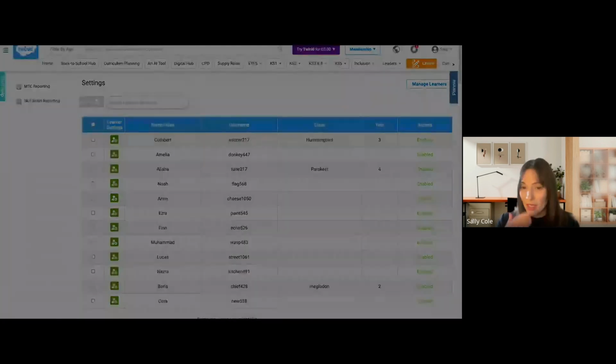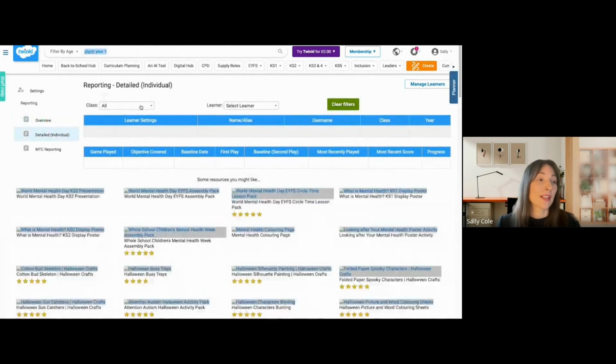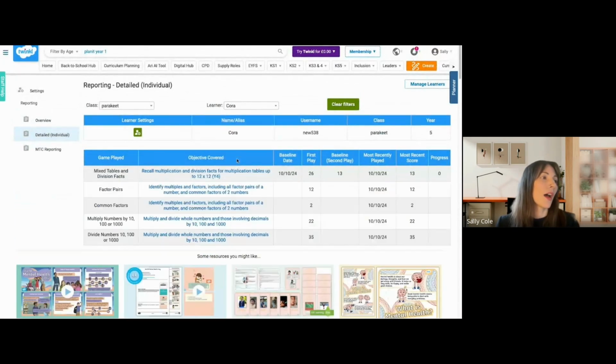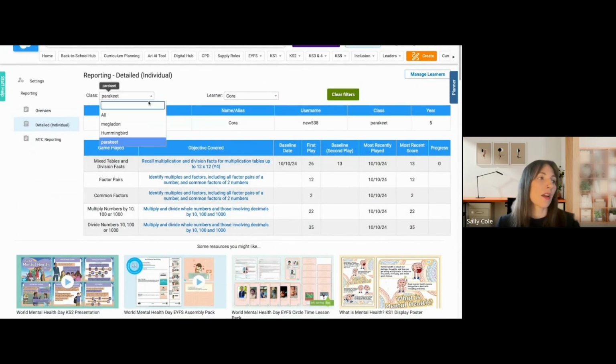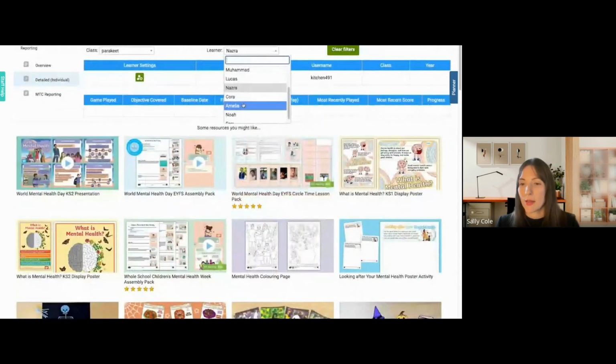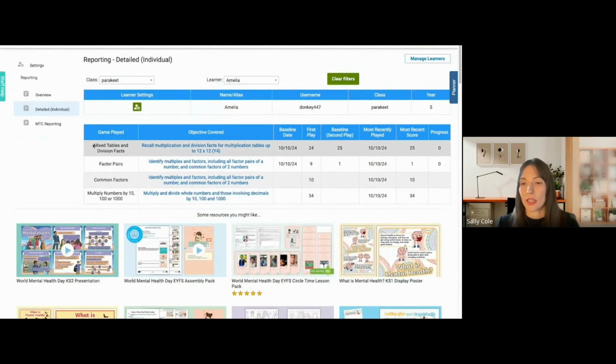So you can customize it to the needs of the learners in your class. As you can see here, you've got really great reporting of how the child's doing, and on those objectives covered. Like I said, each game hits a national curriculum objective.